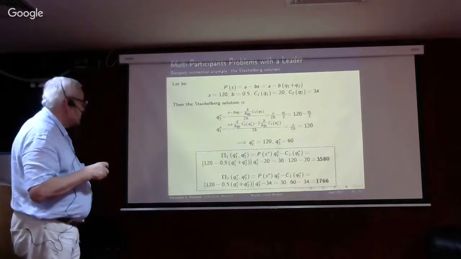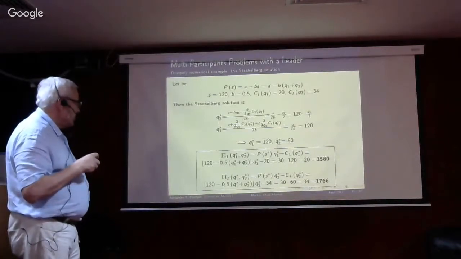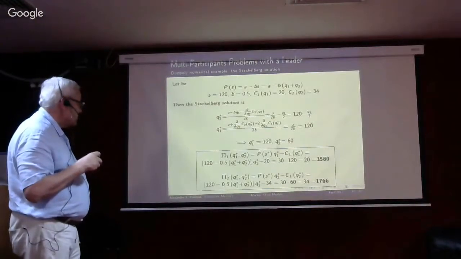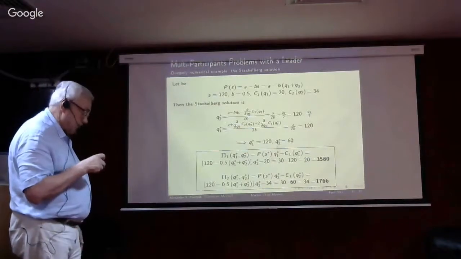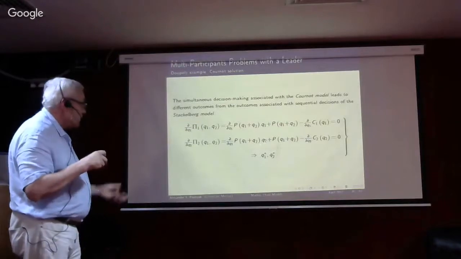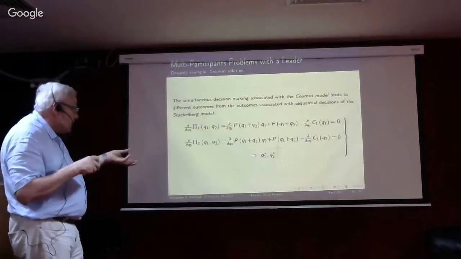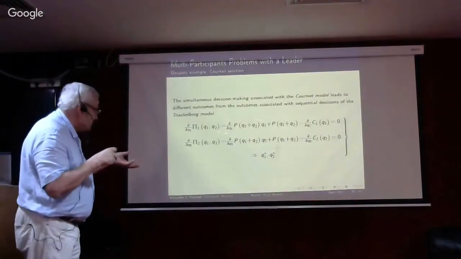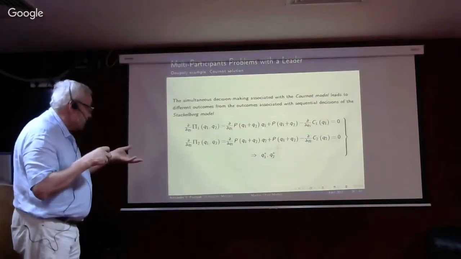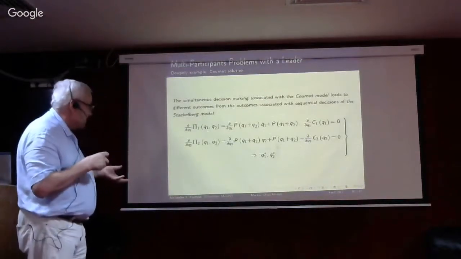If we deal with Stackelberg, we go another way. We first calculate the derivative with respect to, for example, x1, and from here we obtain x2 as a function of x1 and substitute it into the utility function, and after that calculate the derivative.